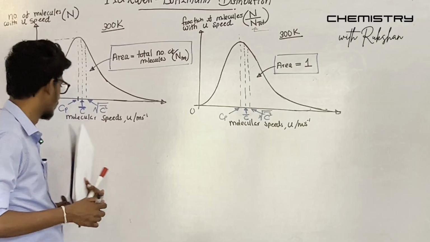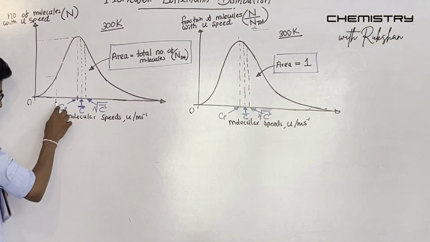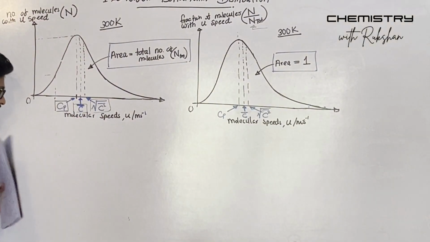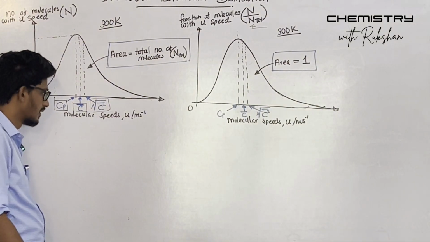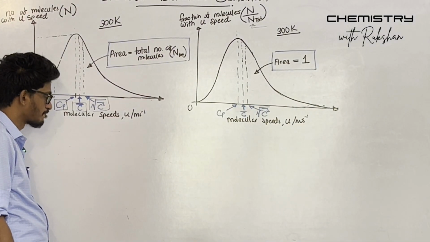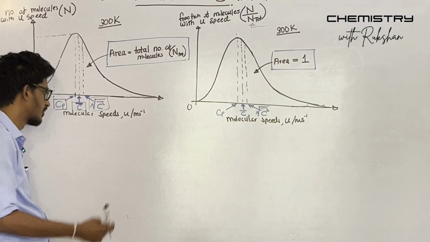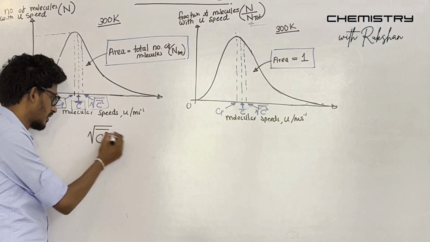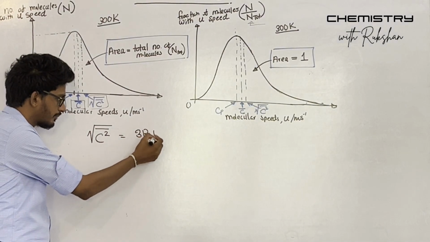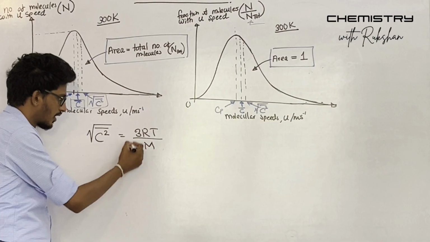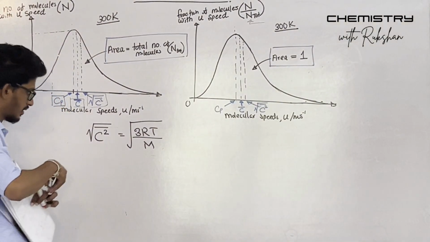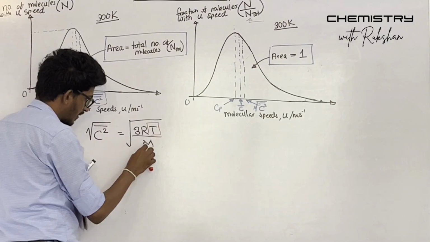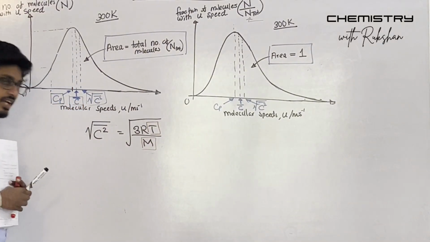It's like this. Basically, these molecular speeds will vary with the temperature and their molecular weights. We all know that the square root of c squared bar is equal to the square root of 3RT over M. This says the square root of c squared bar depends on the temperature and the molecular weight of the gas, right?